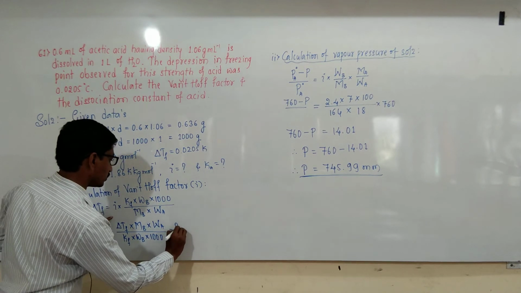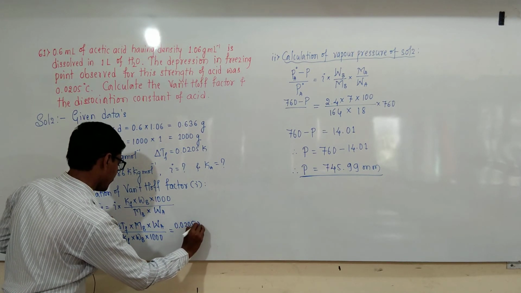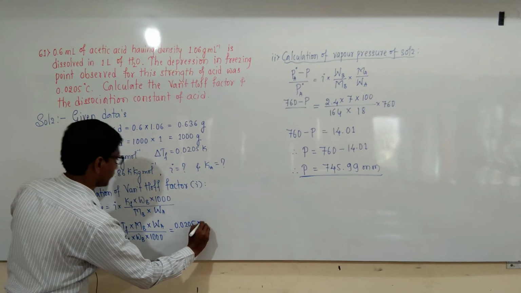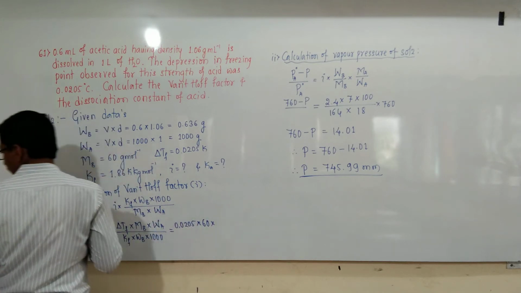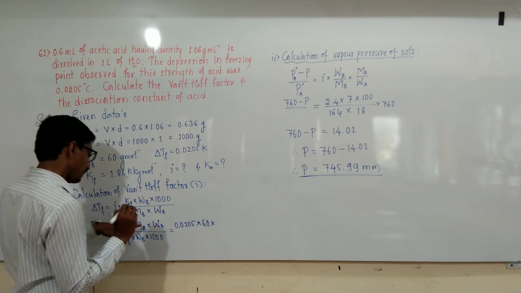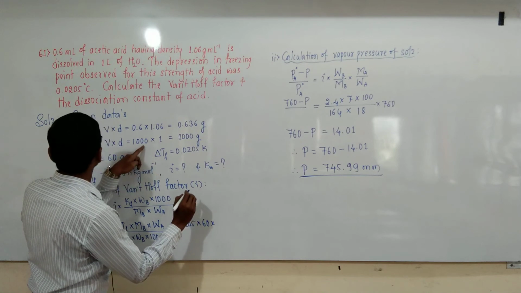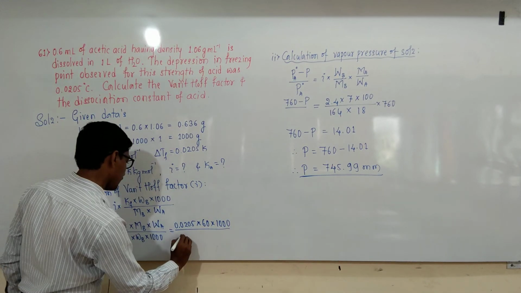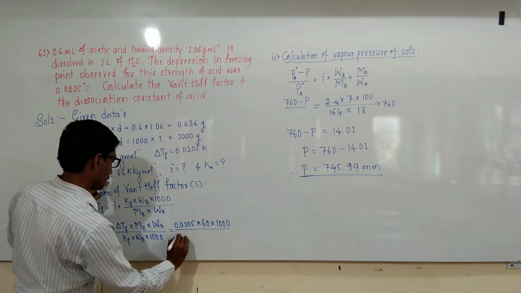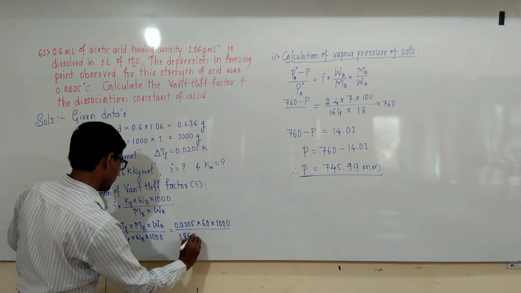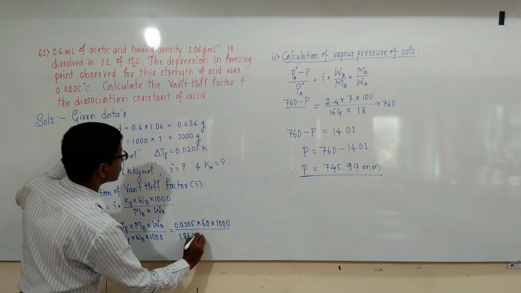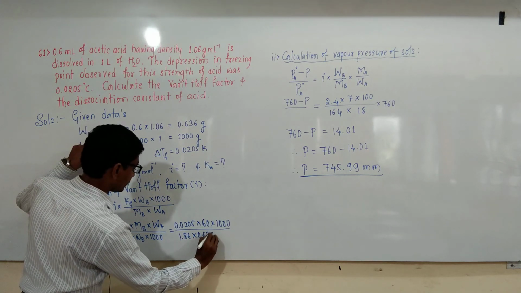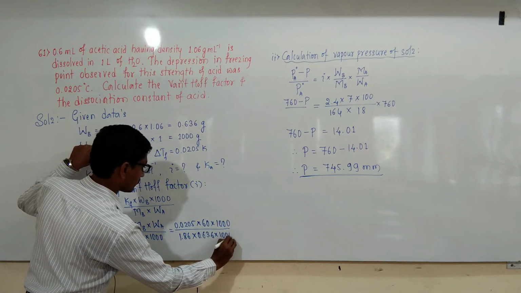This is equal to delta Tf is 0.0205 into Mb, that is 60, into Wa is 1000 gram, divided by Kf value is 1.86 into Wb is 0.636 into 1000.